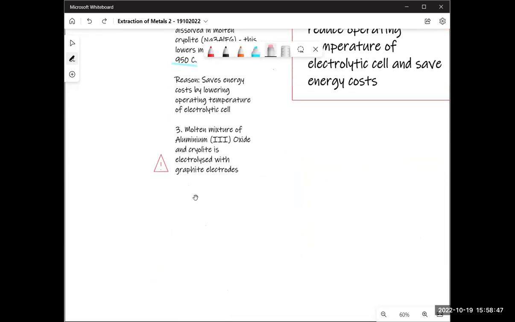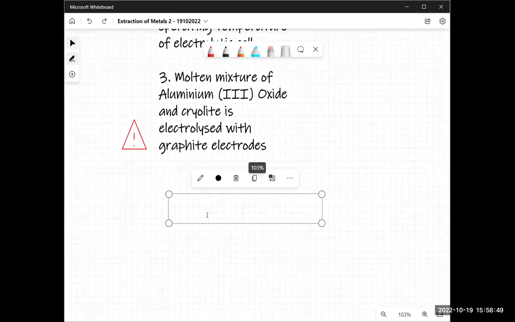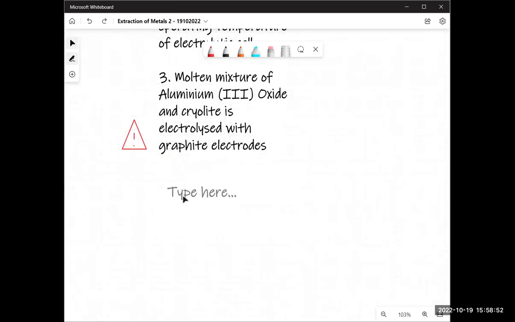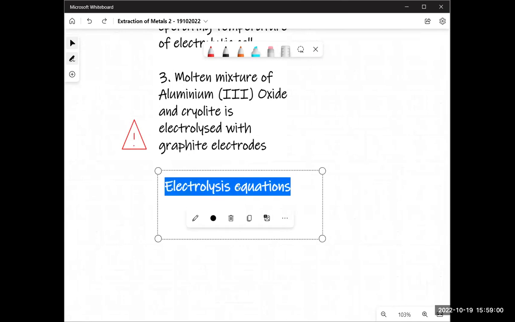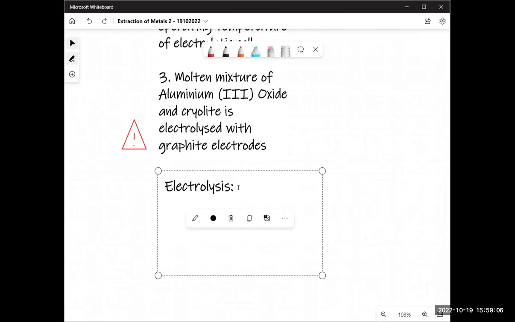Now let's go downwards. In step 3, we look at electrolysis equations. What you need to know is, just write electrolysis equations.